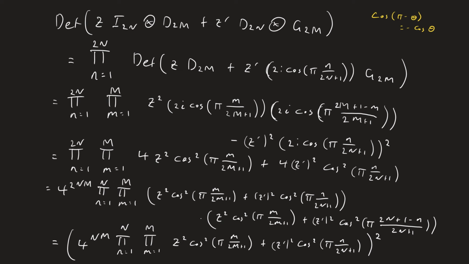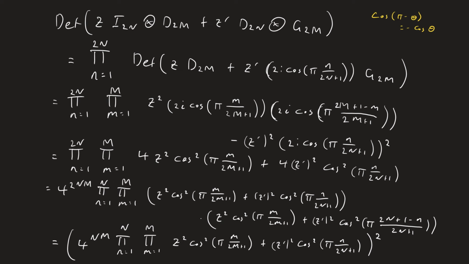So the I squared gives us a -1, and negative cos of this second term is just the first term. So we get 4z squared, the first term cos all squared. The second term here also simplifies. 2 squared gives us 4, I squared gives us -1, which cancels that negative, so this becomes a plus sign, and we've got a cos squared here.